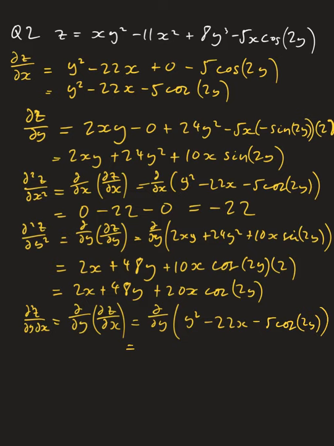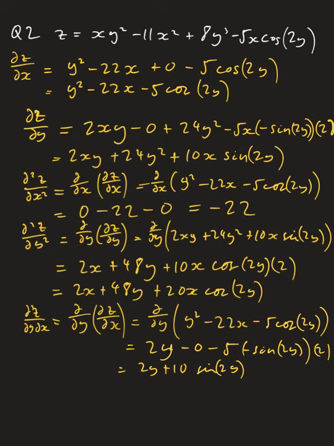Well, that is equal to 2y. 22x goes to 0. We have that minus 5 in front, and cosine becomes minus sine of 2y times the derivative of what's in the brackets, which is 2. So I get 2y plus 10 times the sine of 2y.